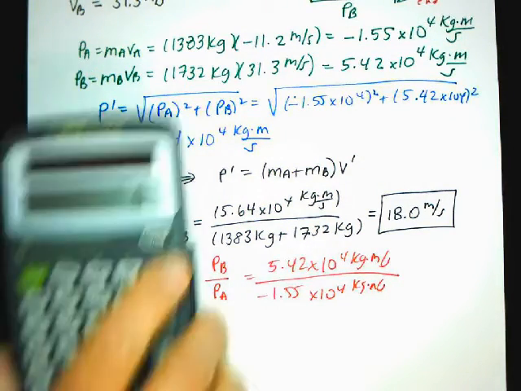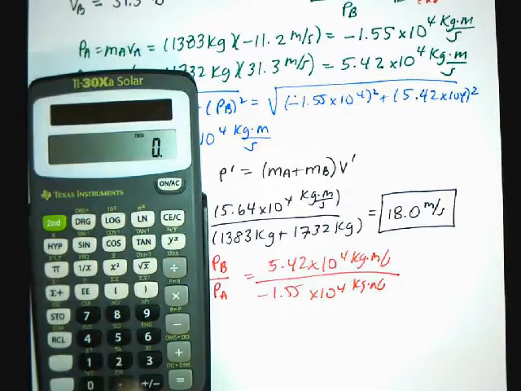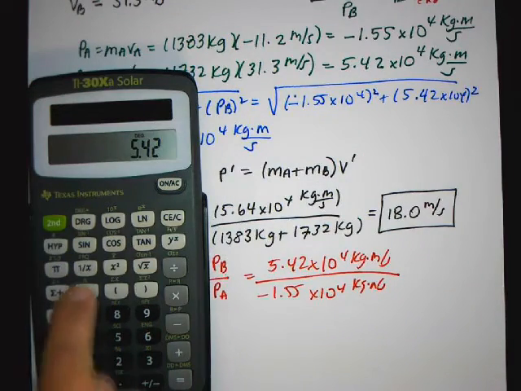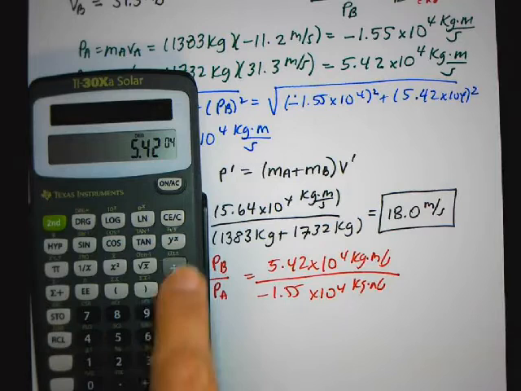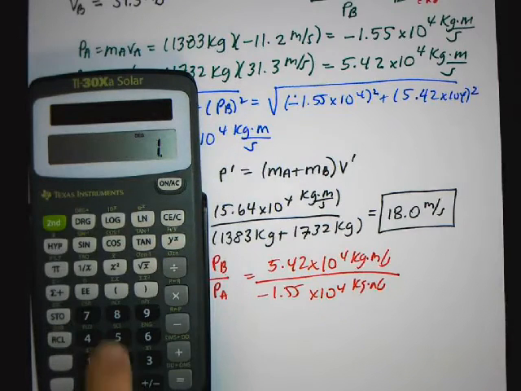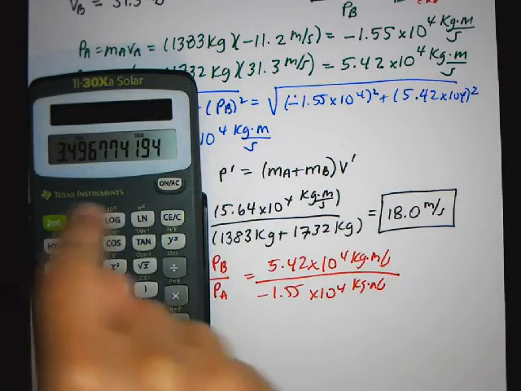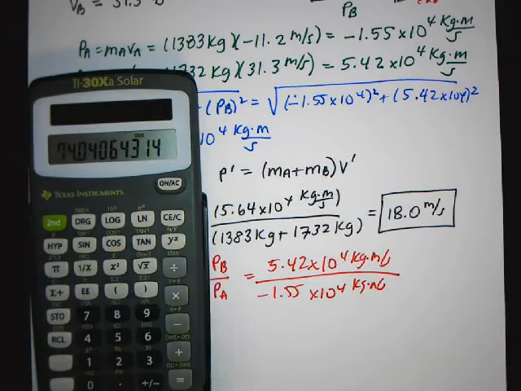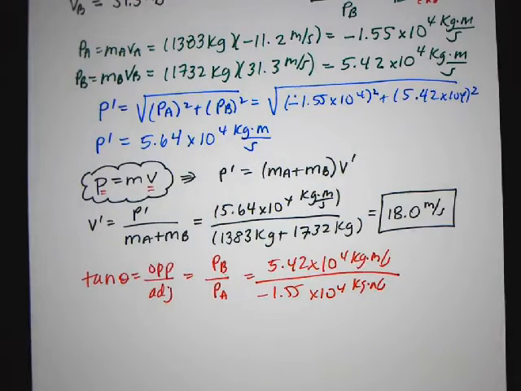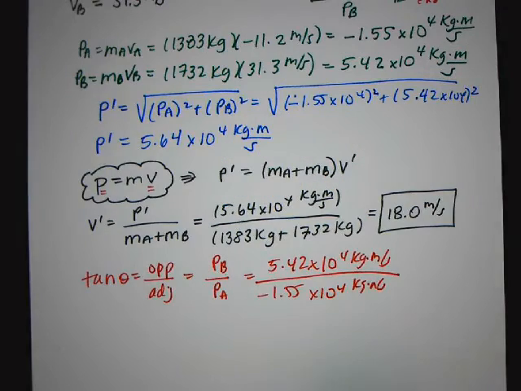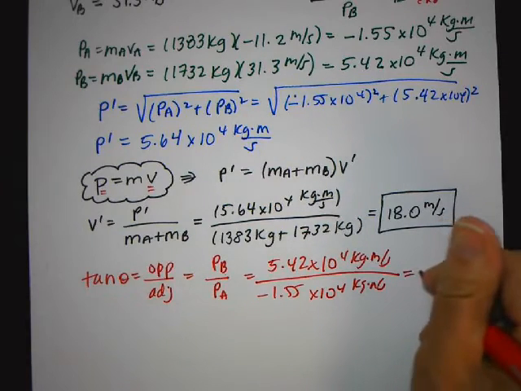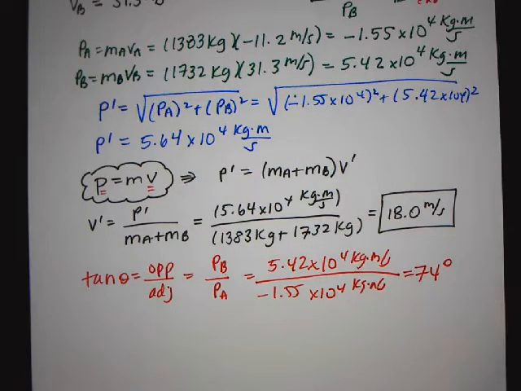So on my calculator, I'm going to press 5.42 EE4 divided by 1.55 EE4 equals, and now I have to press second tan. So it comes out to be 74 degrees. So the angle that I just found was 74 degrees.